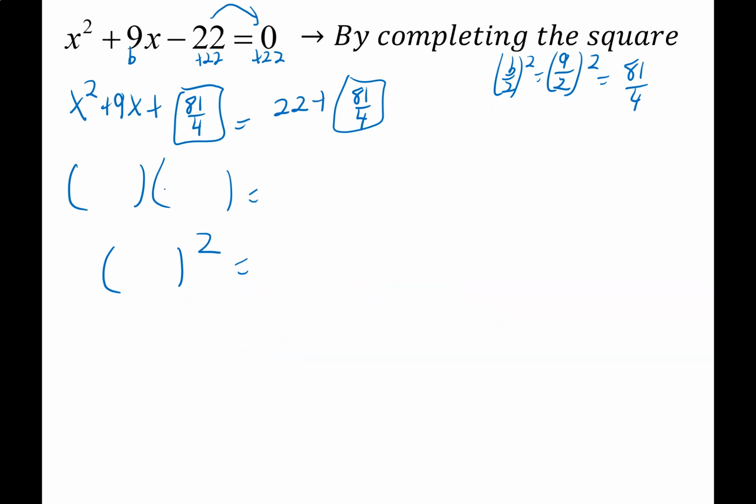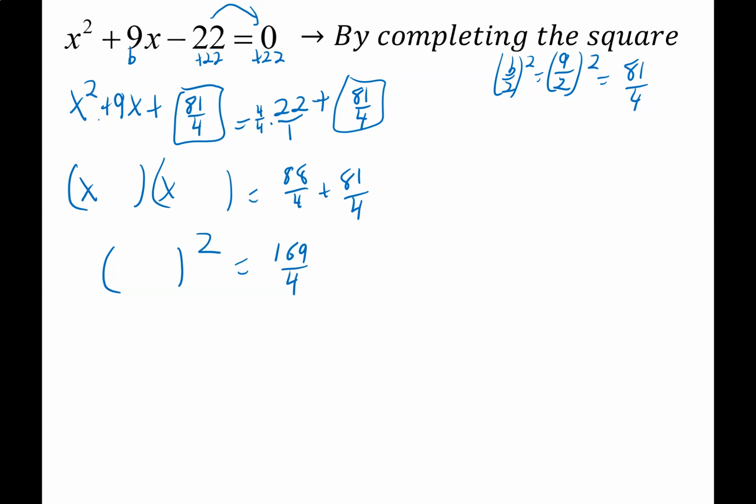Let's try that again. And I know I'm going to need common denominators, so I'm going to multiply by 4 over 4. So that's going to make, let me see, 22 times 4, 88 over 4, plus 81 over 4, which is 169 over 4. Now, again, you say, I can't factor this.